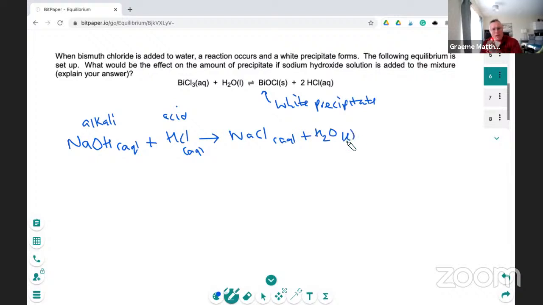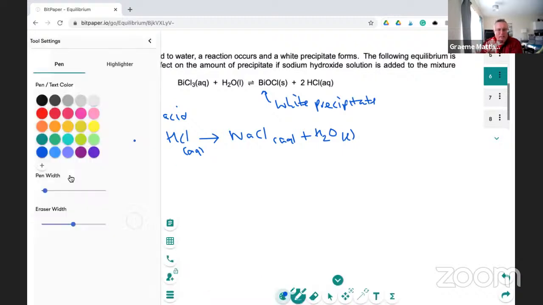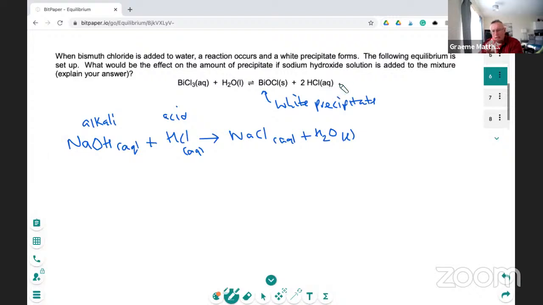Okay, so you're thinking, all right, so it's going to react with the HCl. Well, what does that mean? What that means then is, in Syracuse orange, that I am removing, I'll put down, the sodium hydroxide removes the HCl.